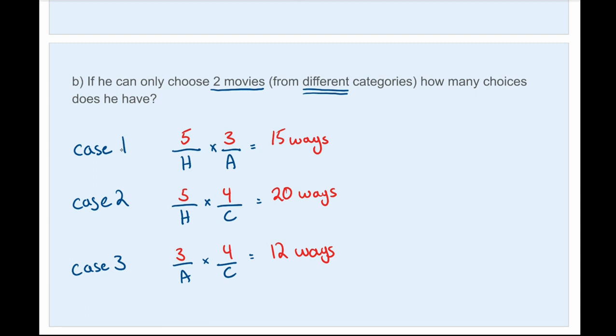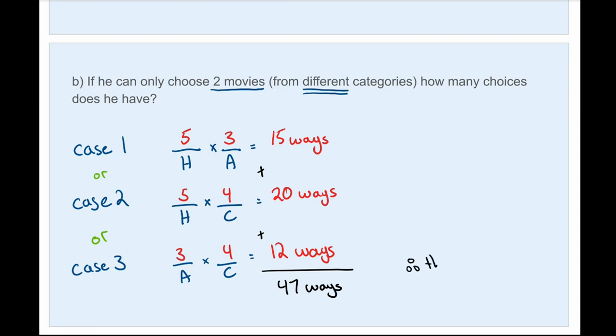So I could have case 1, or case 2, or case 3. What I then have to do is add up all of these ways. So 15 ways plus 20 ways plus 12 ways. I get 47 ways that I can choose 2 movies from different categories.